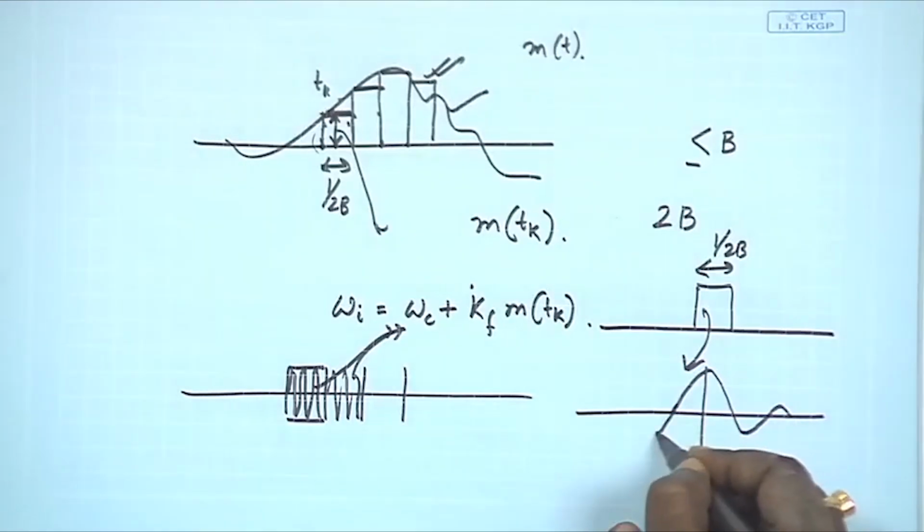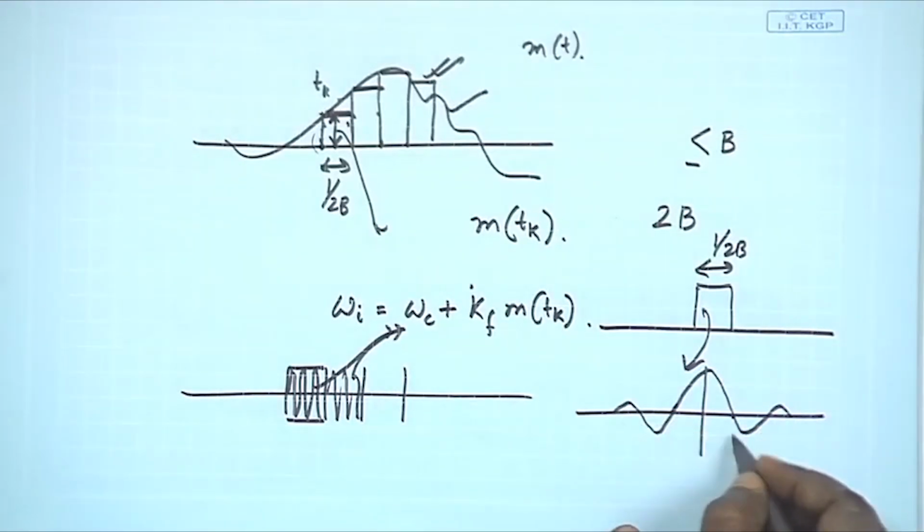If I take it to omega, that should be 2 pi into that. So 1 by 2b should be 2b into 2 pi, that is 4 pi b. So I can represent this as a sinc function where this point is 4 pi b in omega.